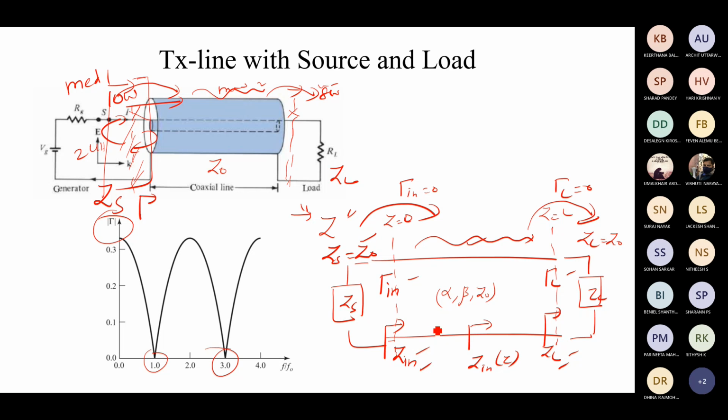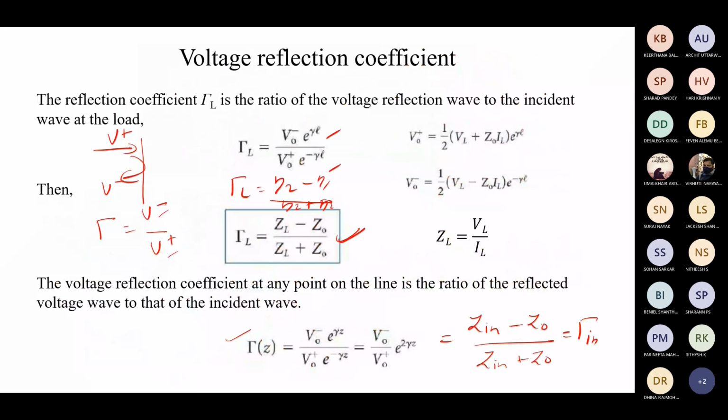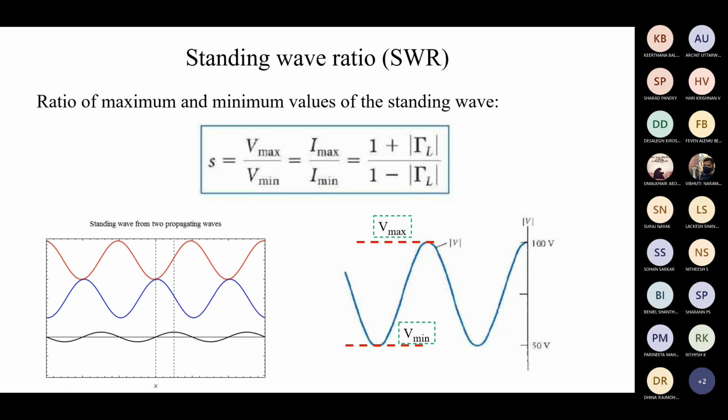So this is the benefit of having this description like characteristic impedance or input impedance, or we can define it as reflection coefficients. So that is what we have done so far. These equations can be used to define that.